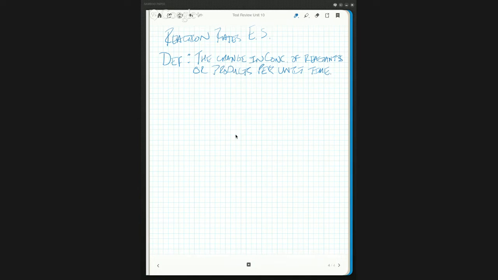So the change in concentration of reactants or products per unit time. Just the simple definition. So that's part of the essential skill. Another part of the essential skill would be saying, well, what two things happen?